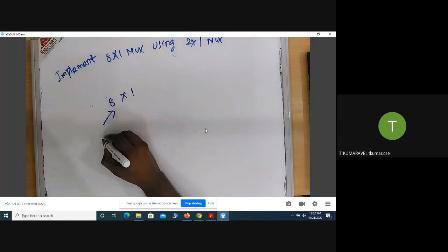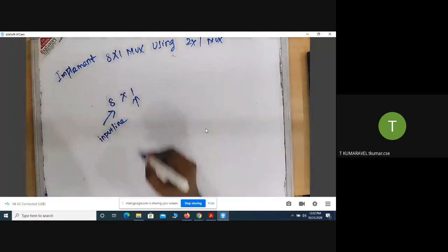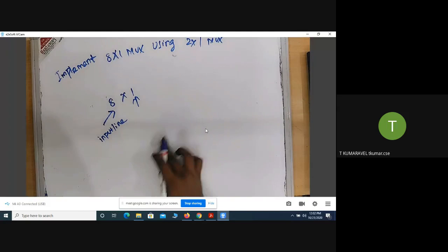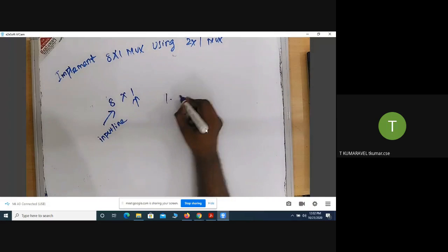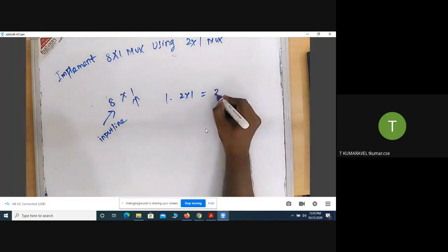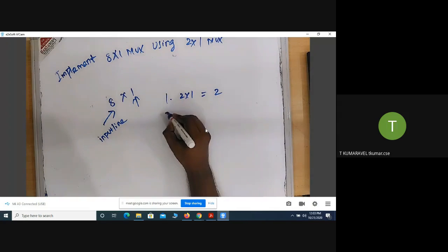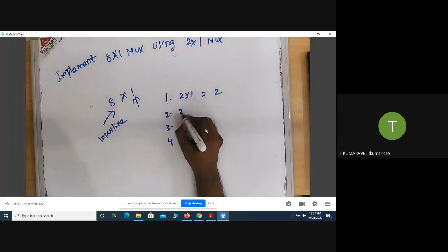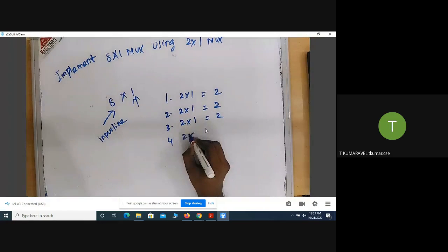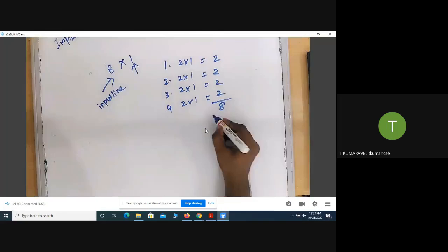It takes 8 input lines, and then it produces output as a single line. If I take one 2 by 1 multiplexer, how many inputs does it take? Only 2 inputs. Suppose I need 4 inputs, how many 2 by 1 multiplexers are required? 4 2 by 1 multiplexers are required. Total input is 8.